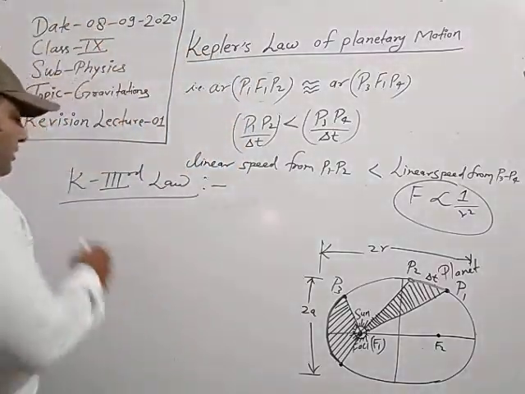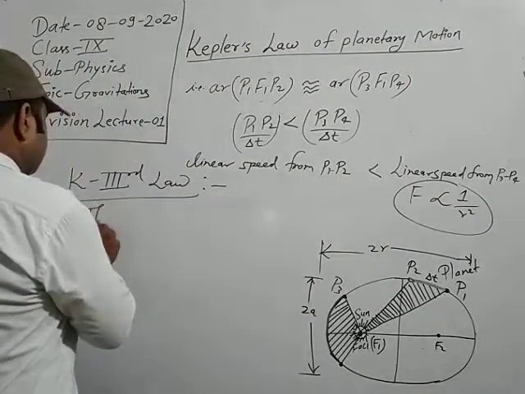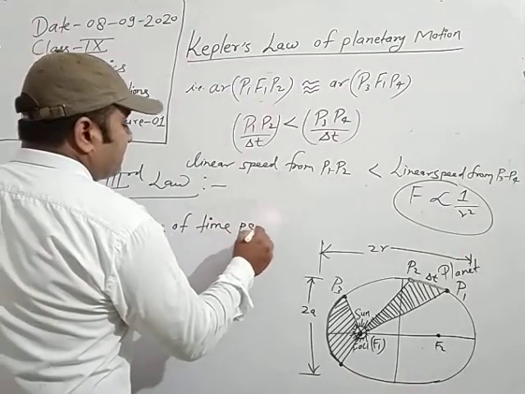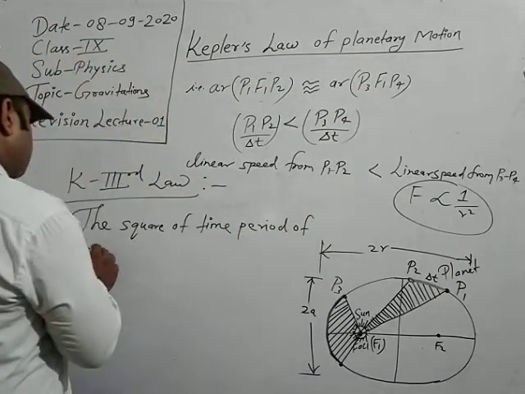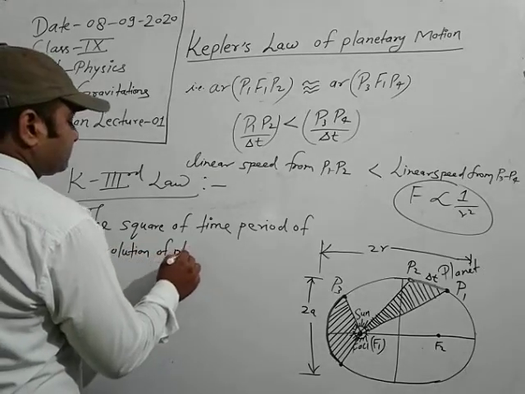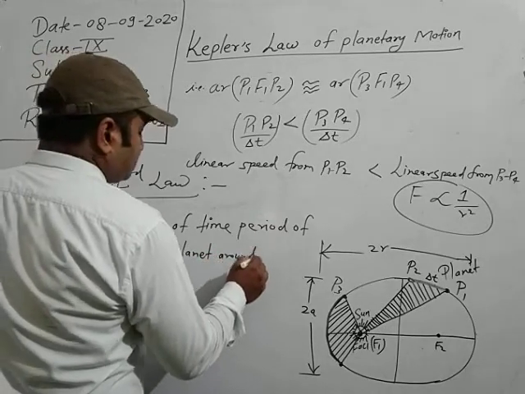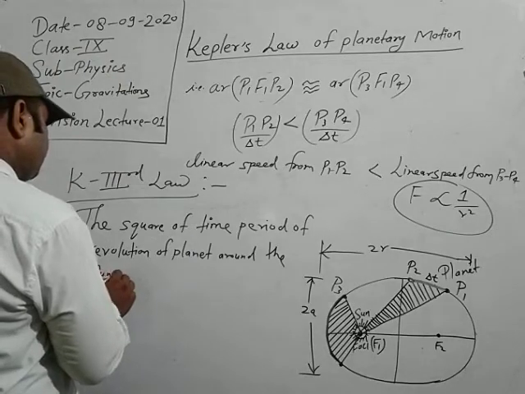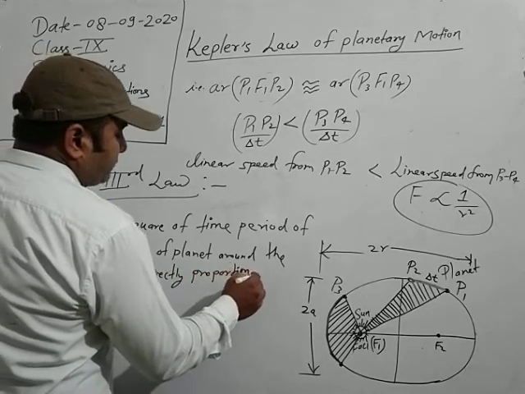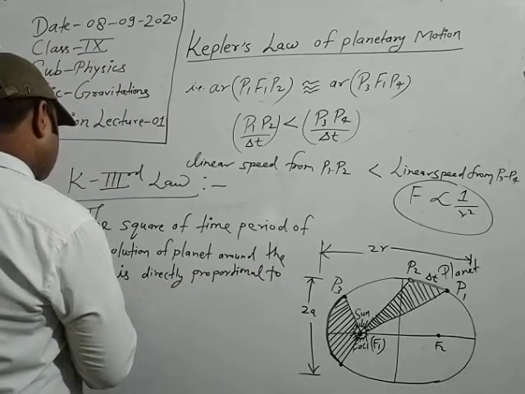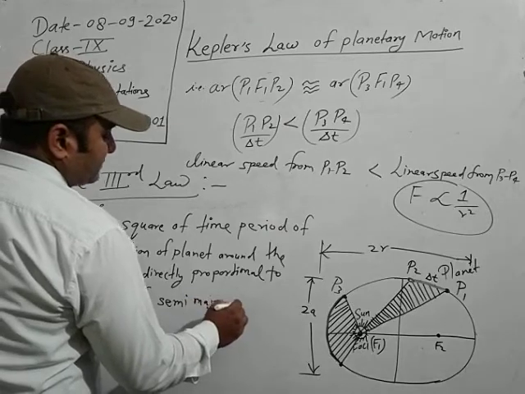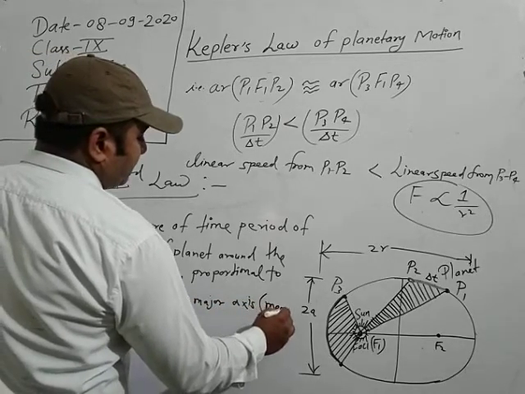Such a statement: the square of the time period of revolution of a planet around the sun is directly proportional to the cube of the semi-major axis, or mean distance.